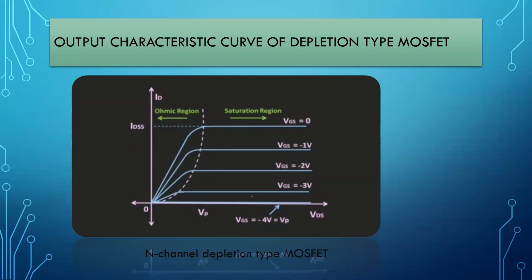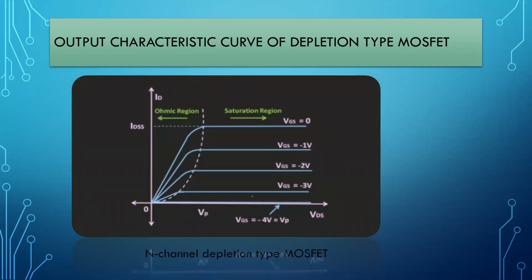Now I will discuss the output characteristic of the depletion type N-channel MOSFET. Here we can see the N-channel output characteristics of depletion type MOSFET.